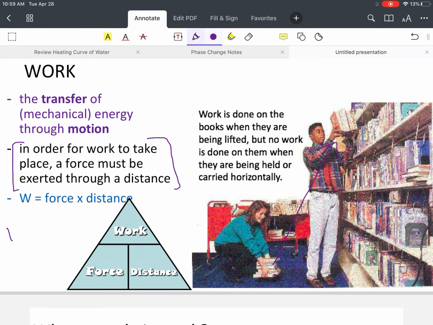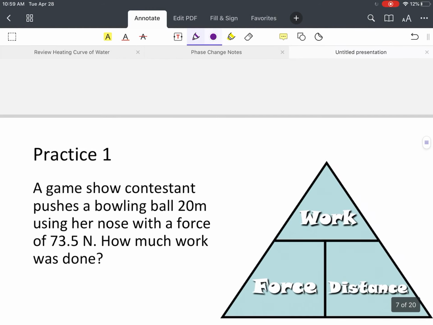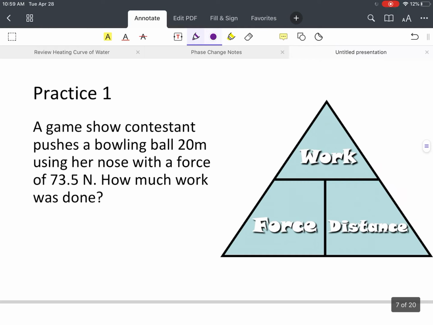So we have a formula here. You can write down this pyramid if that helps you remember the equation. Our work is just our force times our distance. Let's look at a quick practice problem, which is also on your notes. A game show contestant pushes a bowling ball 20 meters and her force is 73.5.